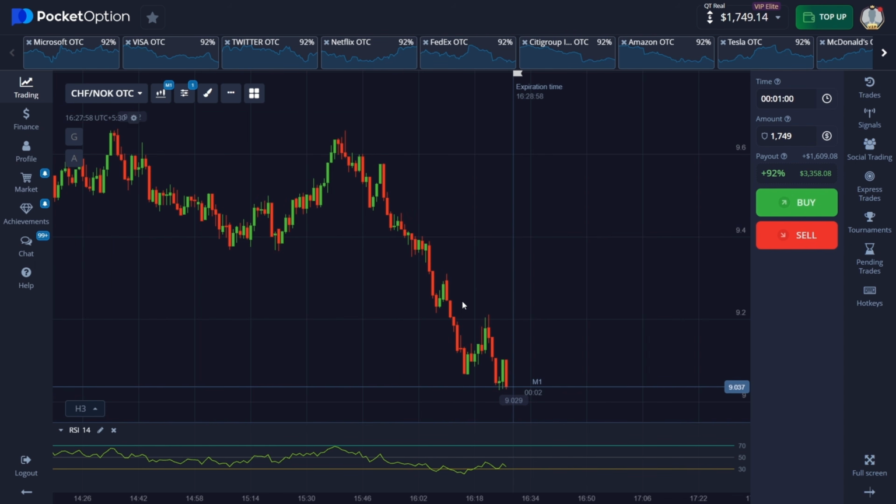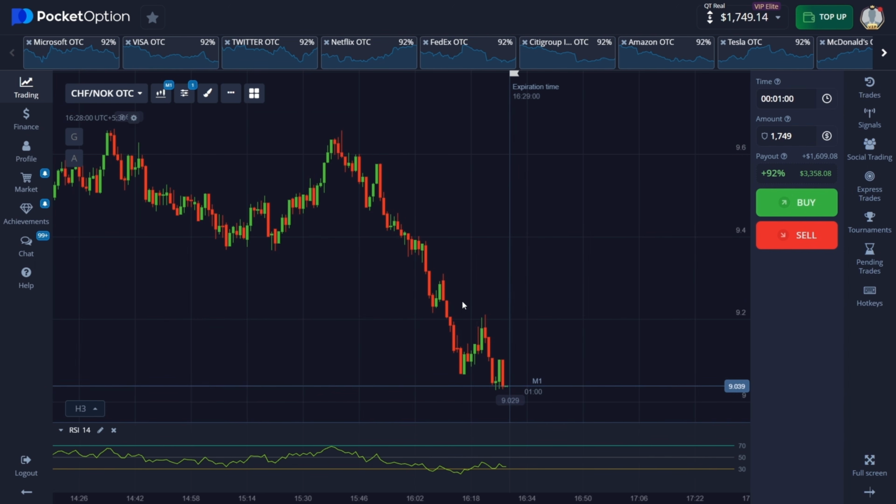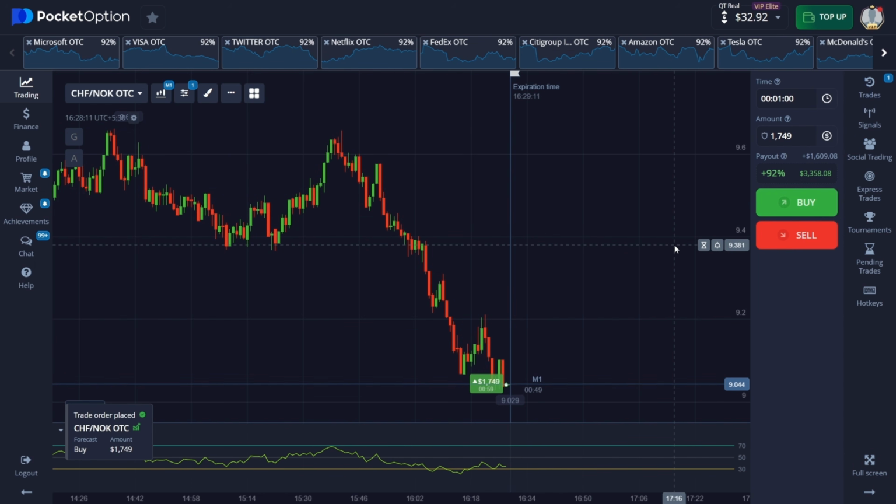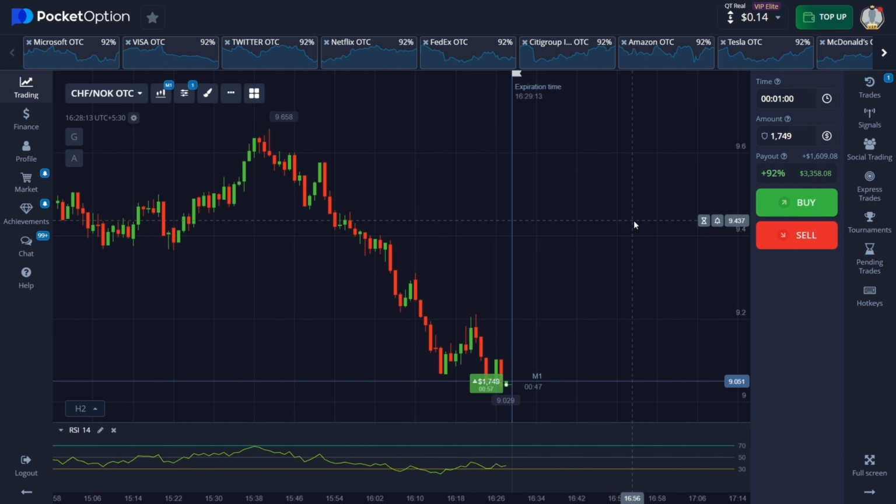Here we have a trade on CHF NOK OTC. And I placed a trade for an upside move. As you can see, there was also a divergence that I already explained in our previous trade. This looks similar, and the trade is currently going in our favor.